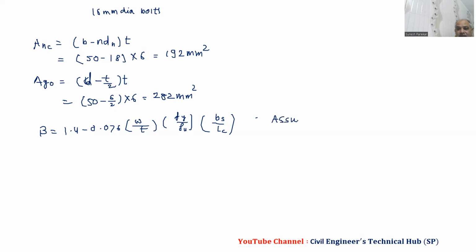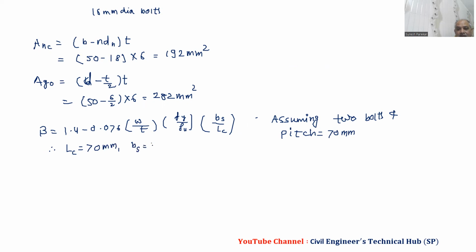So assuming double shear, assuming two bolts, and pitch, let us assume 70 millimeters. You can go higher also. So therefore we will get LC equal to 70. We have only two bolts.